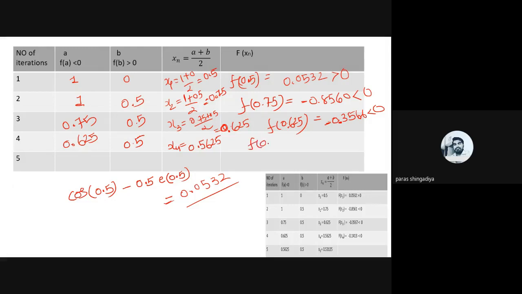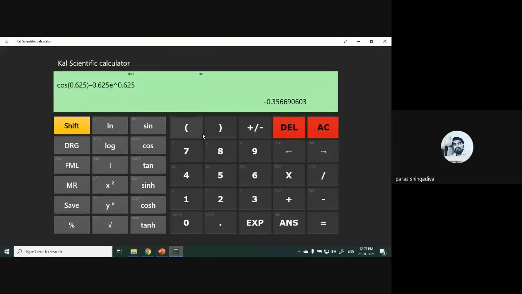And now check the function output at 0.5625. So the answer of this one, consider 0.5625 in the x values, and the power of e raised to 0.5625.